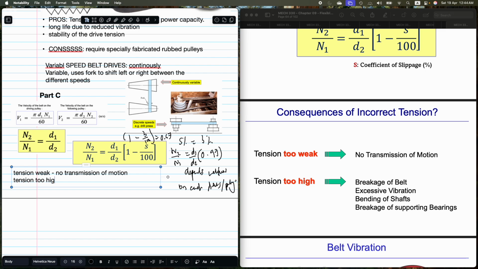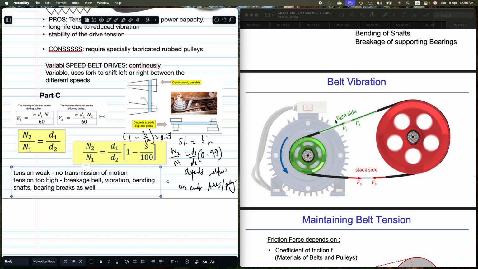If tension is too high, we get a multitude of problems: breakage, vibration, bending. So the belt breaks, the shaft bends, and the bearing breaks as well.